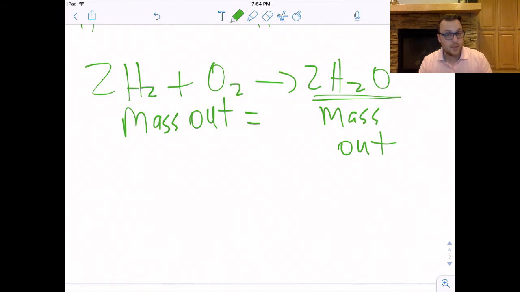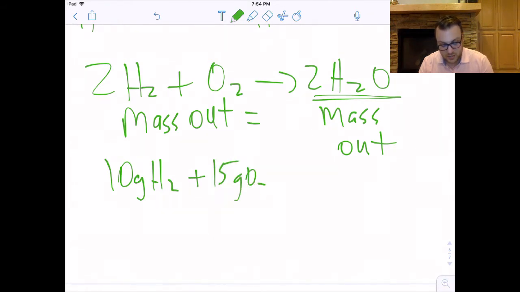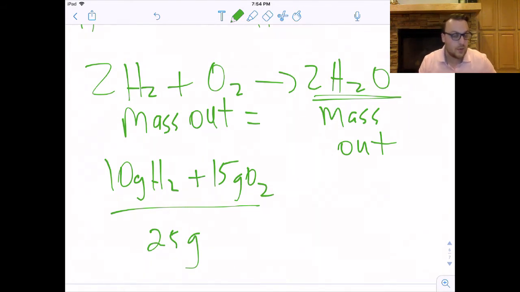So, if the reaction says you have 10 grams of H2 react with 15 grams of oxygen, well, that's a total of 25 grams. So theoretically, if this goes to completion and we ignore limiting reactants and all that fun stuff, we better see 25 grams of H2O pop out. We can't just lose that mass.